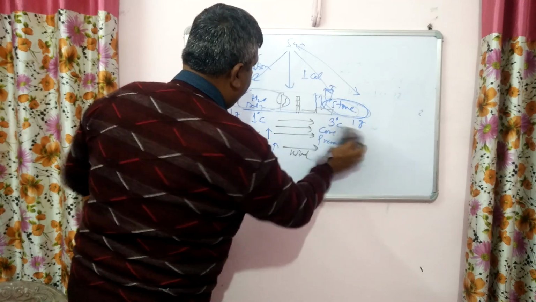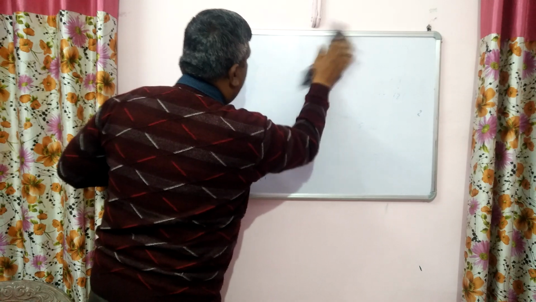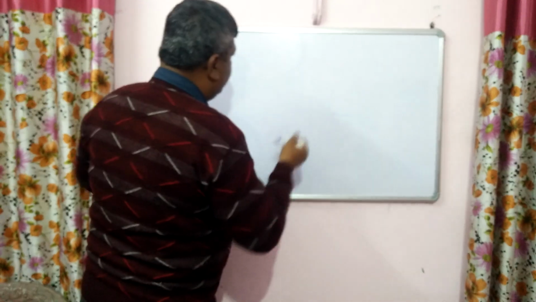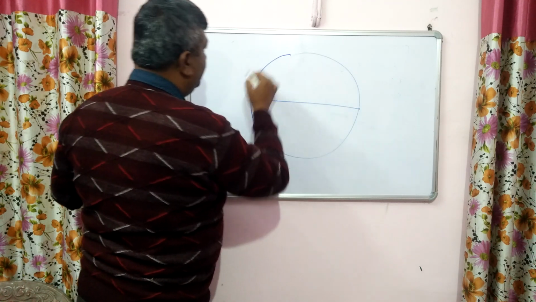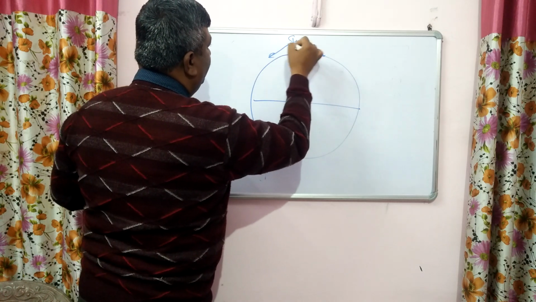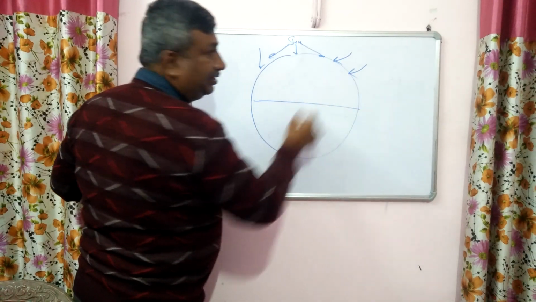Now we will see the earth. Earth is round in shape. We know that it is round in shape, and the midline is the equator, and the sun is providing energy. Because of curvature, the amount of heat is different.